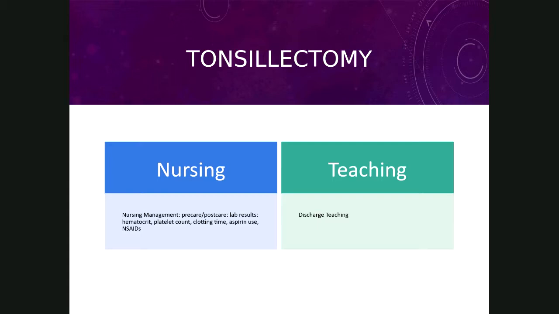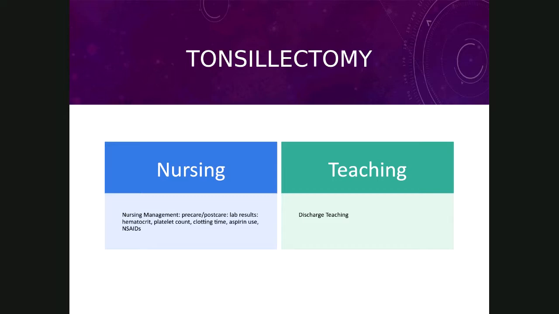So if that's happening, they can have just regular bleeding after surgery for up to 2 weeks after the procedure. Sometimes after they get home, the scabs that have formed over the tonsil or where the tonsils were can come off and there'll be a little bleeding. The hemorrhage is completely different and they're going to notice it.